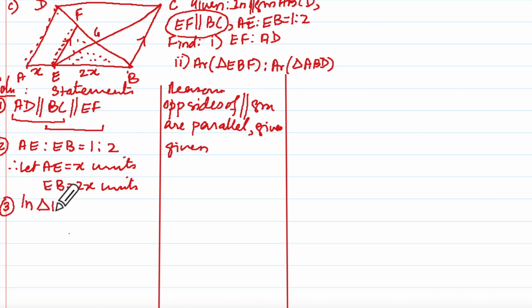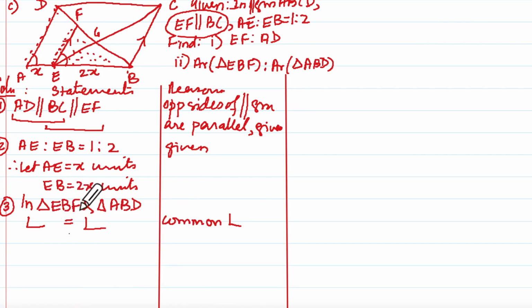In triangle EBF, and which triangle will I take? E will be corresponding to this, correct or no? So ABD. Which angle is the common angle?